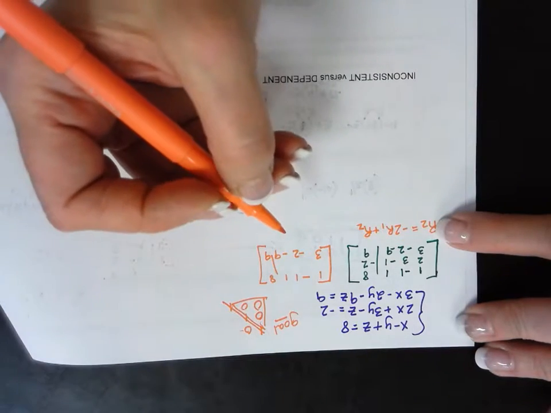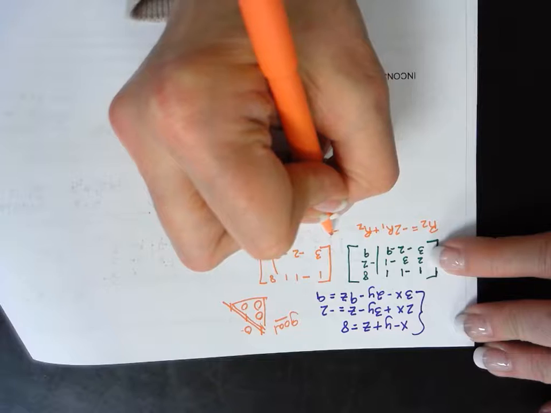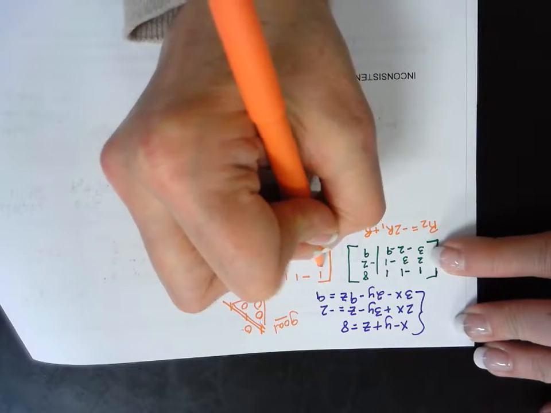All right, now let's perform the operation. So row 2: -2 times 1 plus 2 gives me 0.